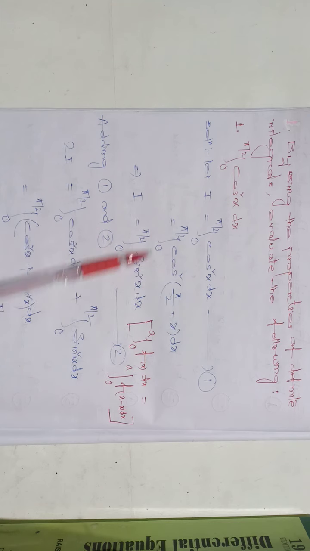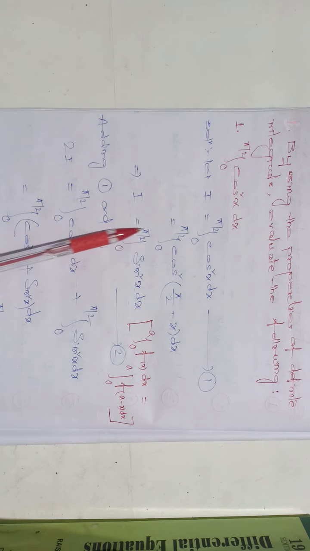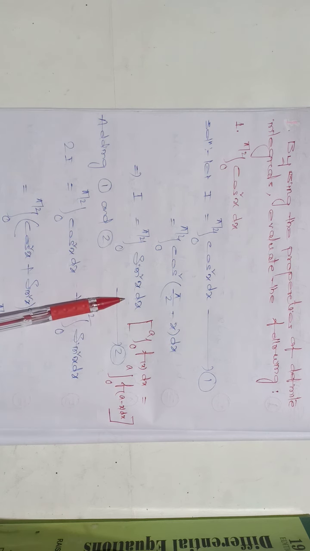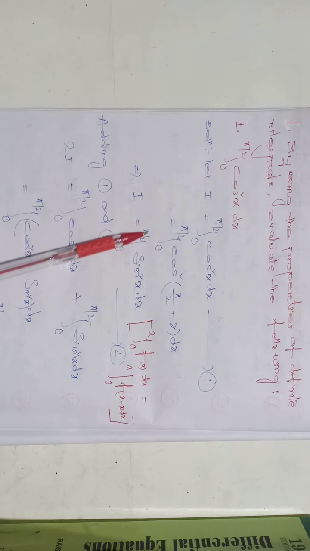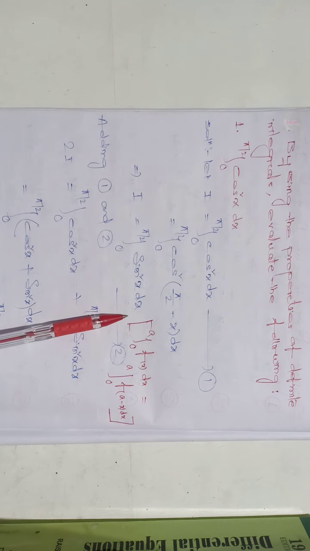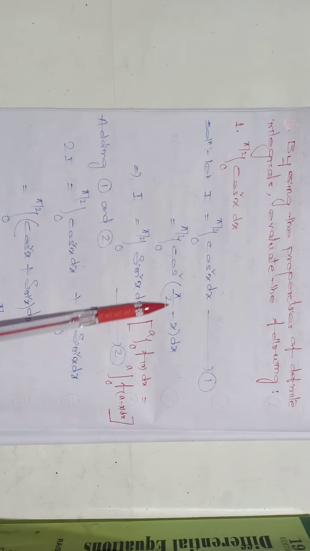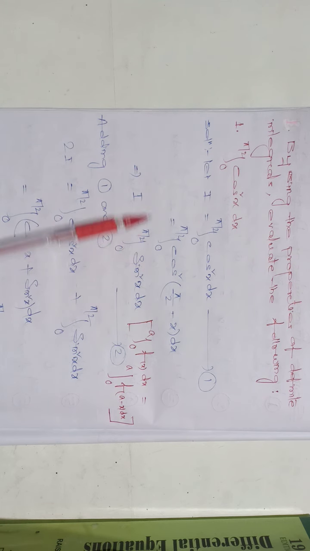So this results in 0 to pi by 2 cos square (pi by 2 minus x), which is nothing but sin square x. So 0 to pi by 2 sin square x dx, and it is nothing but I, because we started from I and we have got this one, and this is also I.